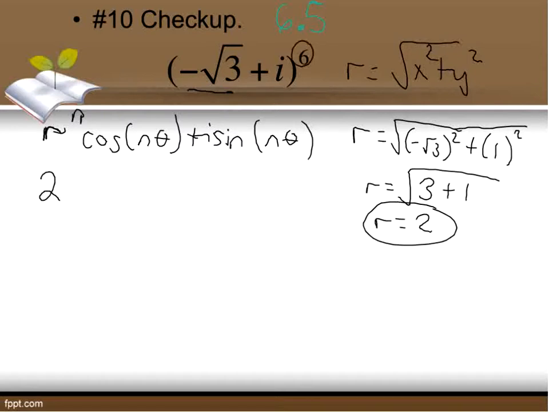My n is 6. Now, what I'm supposed to do here is cosine times n theta. So this will be 6 times theta plus i sine 6 times theta. How am I going to find theta? That's how we need to start talking about what quadrant this coordinate is in.